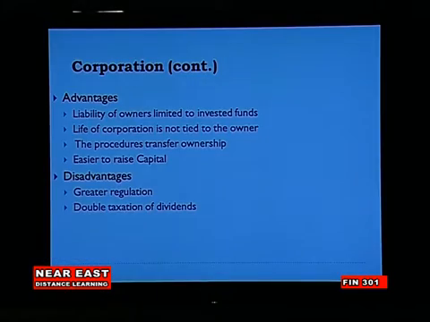Now, in the first type and the second type, there is no separation between the owner and the business. While in this type, there is separation between the owner and the business. For that, the liability of the owner is limited to invested funds. The shareholders are not responsible for the liability.